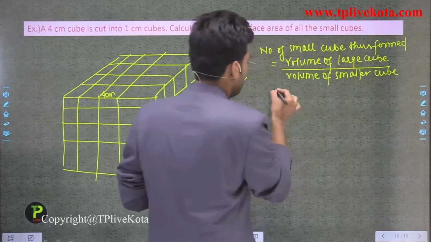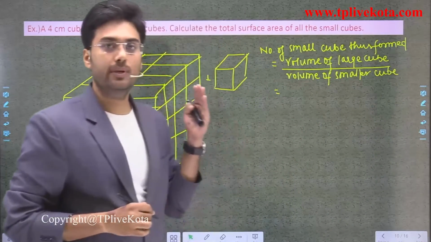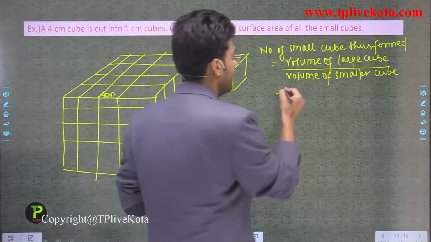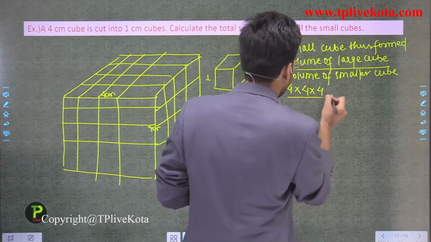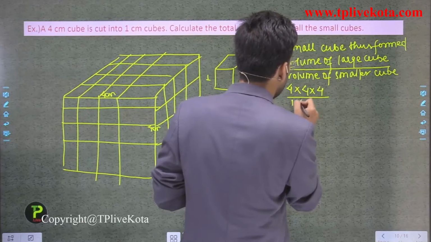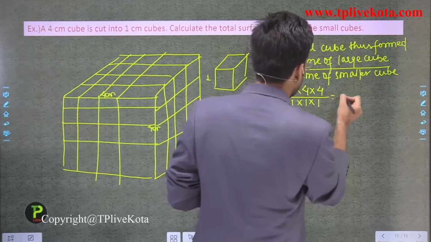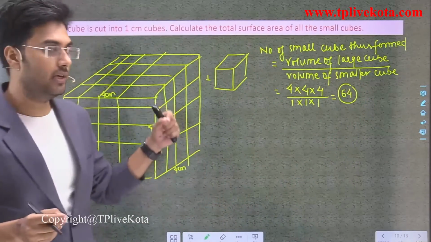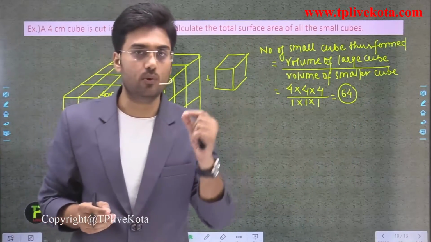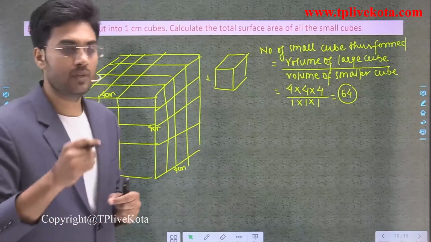Okay, so what is the volume of the large cube? It is 4 multiplied by 4 multiplied by 4 divided by 1 multiplied by 1 multiplied by 1, that is equal to 64. So students, here we get 64 small cubes of 1 centimeter edge.